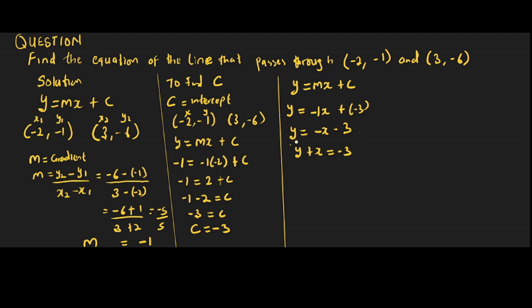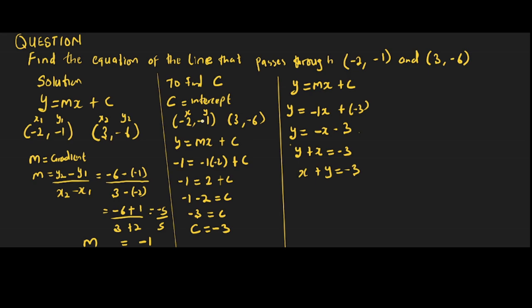This here is in the gradient and intercept form. This is in the general form, which you can also write as x plus y equals -3. You can see that we have the same answer if we use this approach and the other approach.